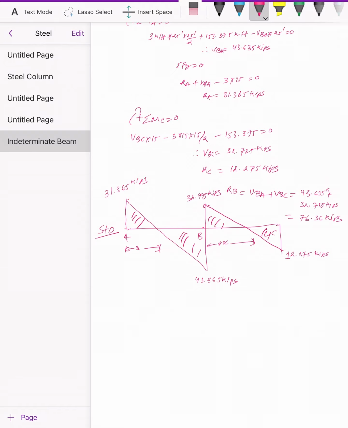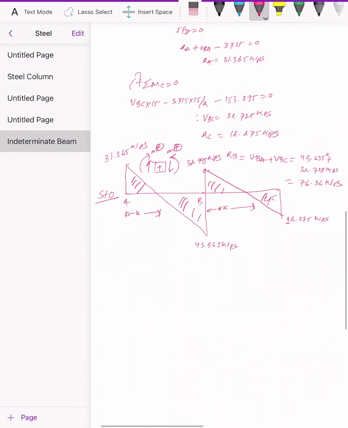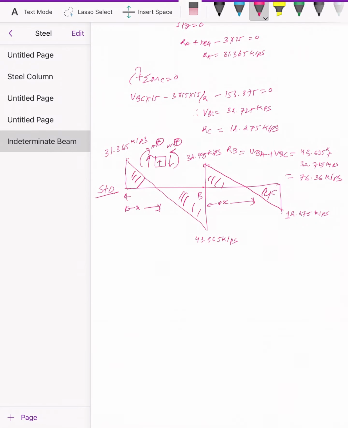Our assumption is that upward is positive, this is our positive shear and this is our positive moment. Okay, let's go ahead and calculate the bending moment diagram.